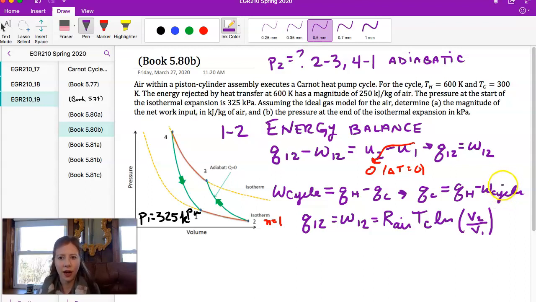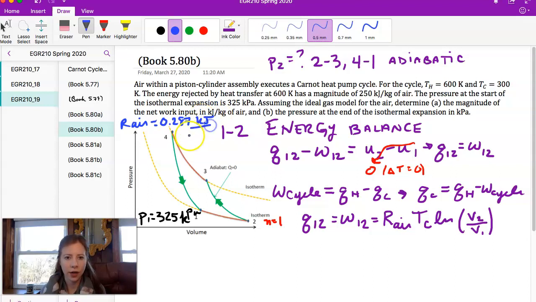And remember that R air is equal to 0.287 kilojoules per kilogram Kelvin. And the other thing is that R air times TC is also going to be PV.